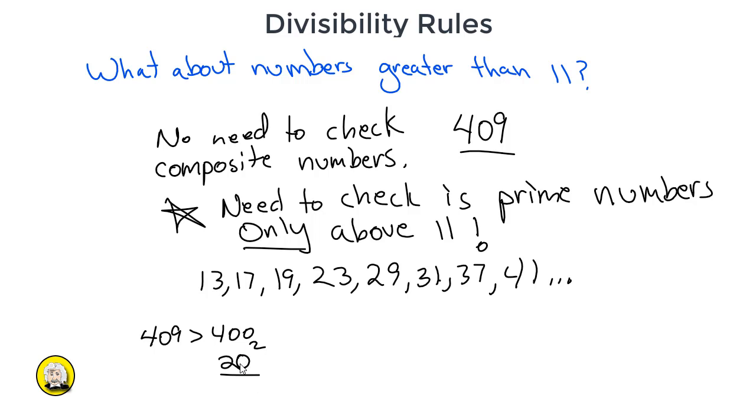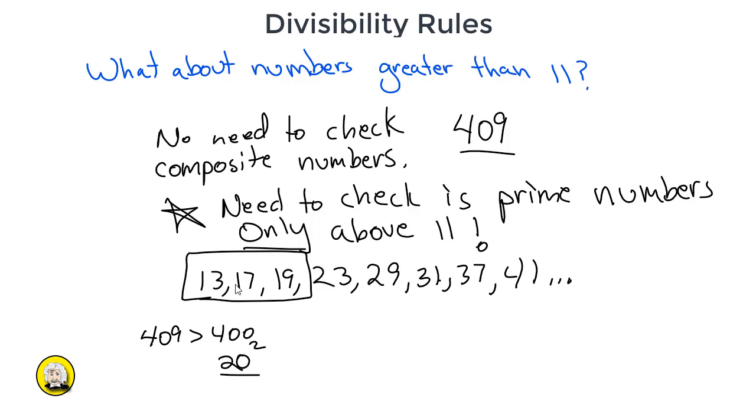And I know 21 squared is greater than 409, it's 441. So I don't need to go any higher than 20. Or among my list of prime numbers, which is the only thing I need to check, I only need to check these 3 for divisibility, at which point I'm absolutely certain 409 will be a prime number.